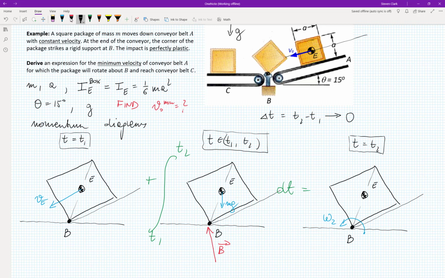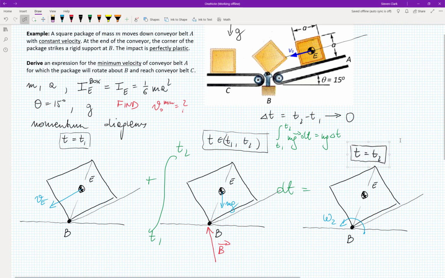And basically, that integral from T1 to T2 of mg delta t will also go to 0, because we can always choose T1 and T2 so close to each other that the impact of mg on our system will be negligible. Is that clear?